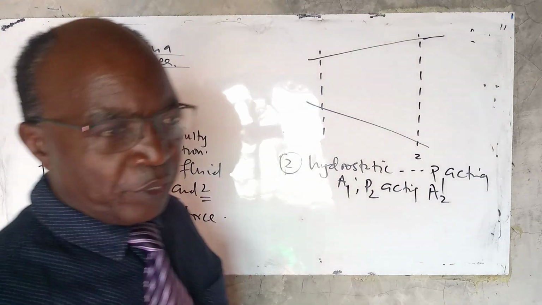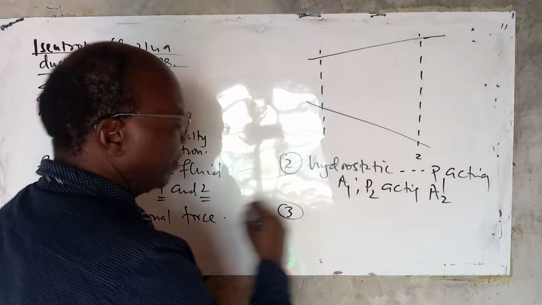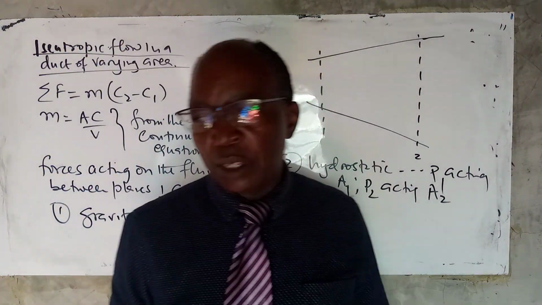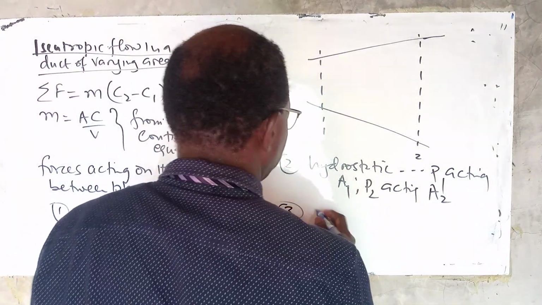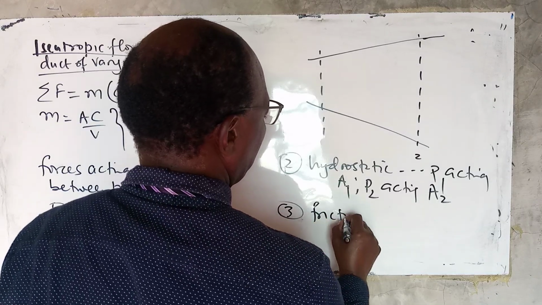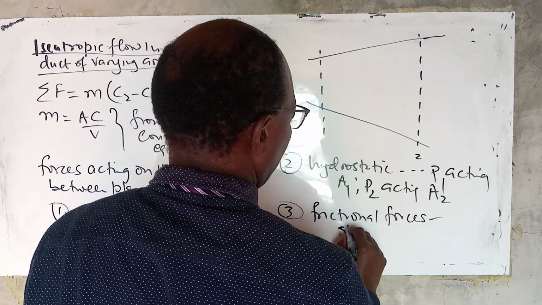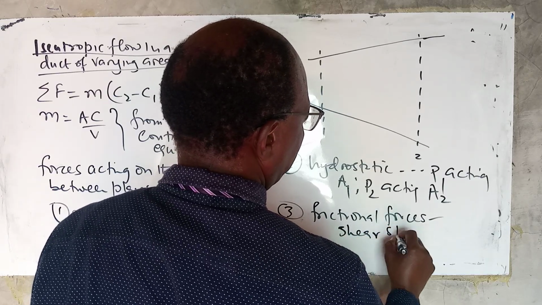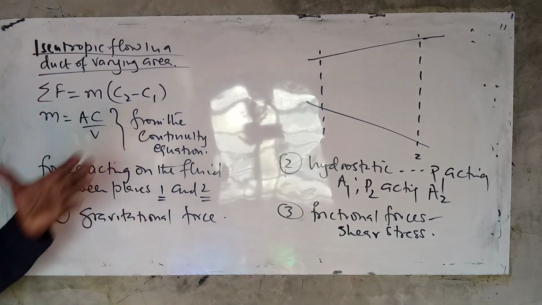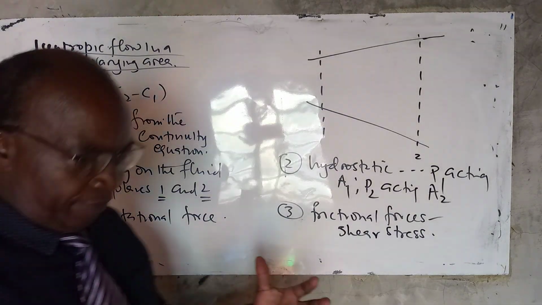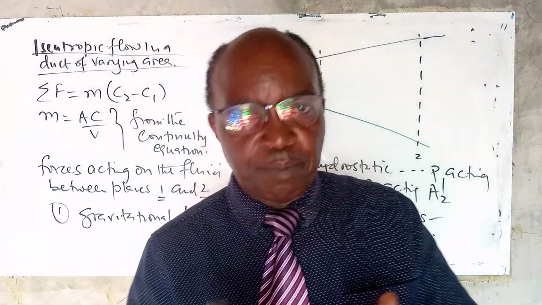And of course, we also can have frictional forces as a result of shear stress along the wall. So these are forces which can act on that fluid between plane 1 and plane 2.